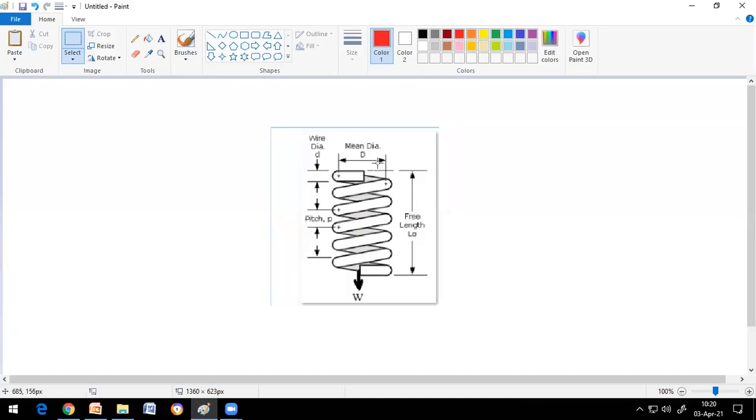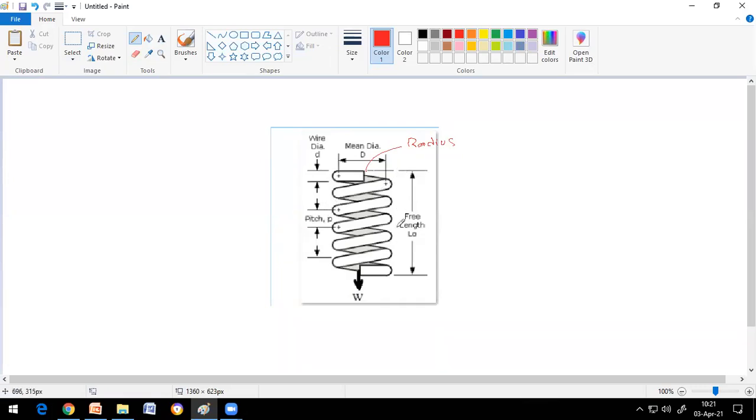This is the mean diameter, from which you can get the radius. This is the diameter of the wire, or you can also call it the diameter of the string. And this is the pitch distance, center to center of each string.